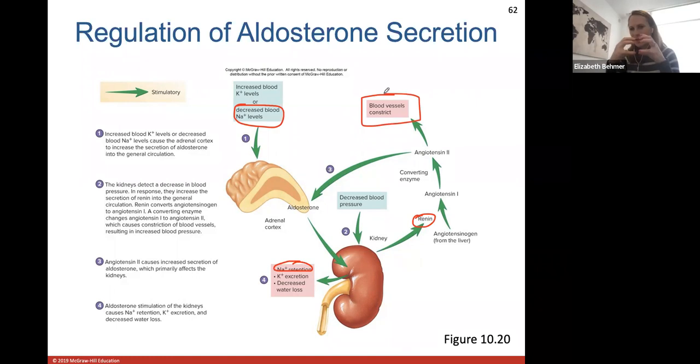When you constrict your blood vessels, that also helps to increase blood pressure in the body. So any decreased level of sodium, or if you have a decrease in blood pressure or you've lost a lot of fluid, aldosterone will be kicked into gear, and renin as well, to try to increase blood volume as well as increase blood pressure levels.